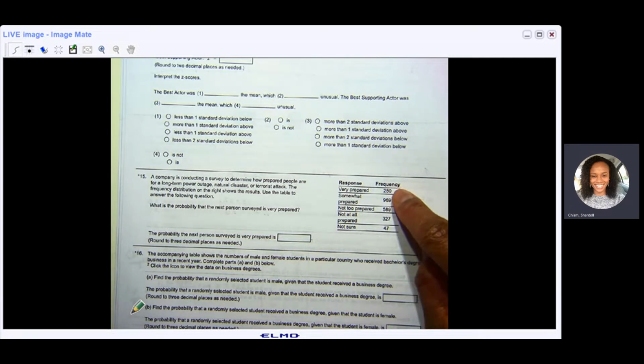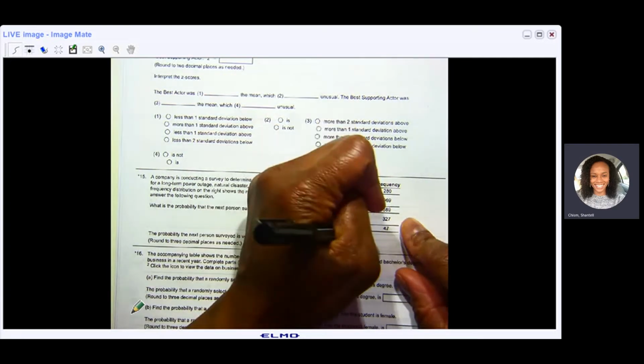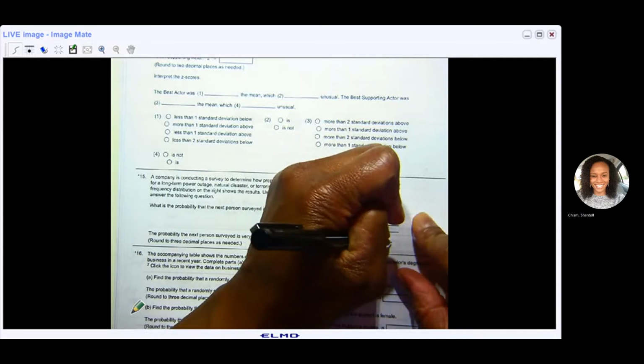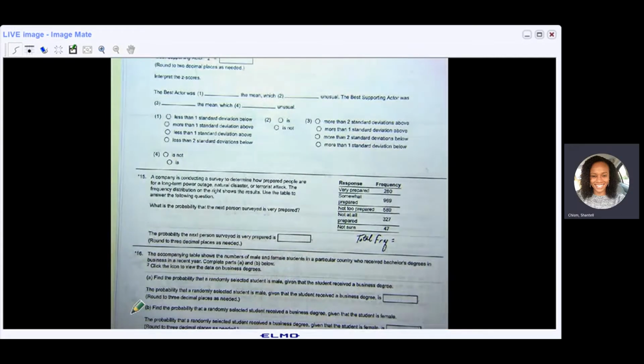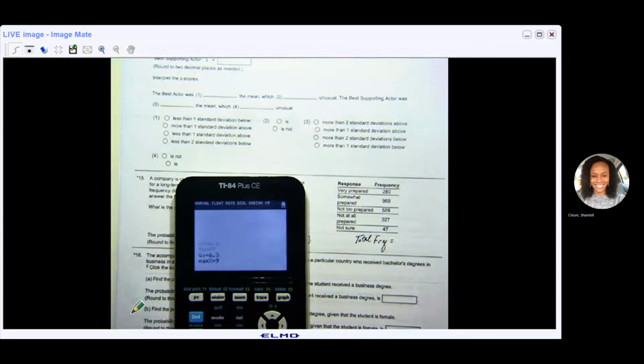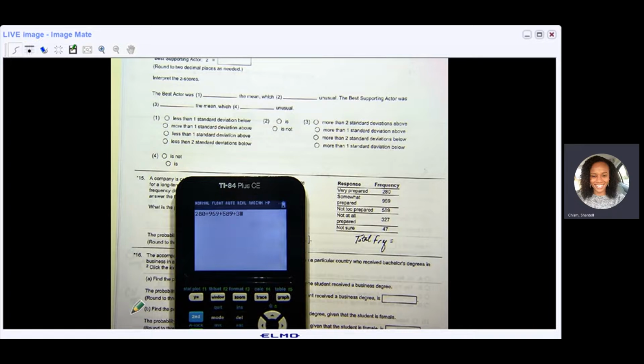So number 15 is asking what would be the probability of the next person being selected saying that they are very prepared. So you would first get the total frequency by adding all of those up. 280 plus 969 plus 589 plus 327 plus 47.